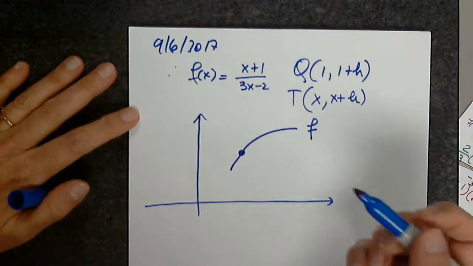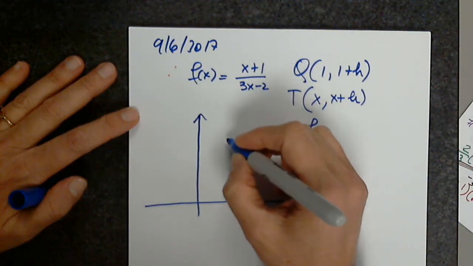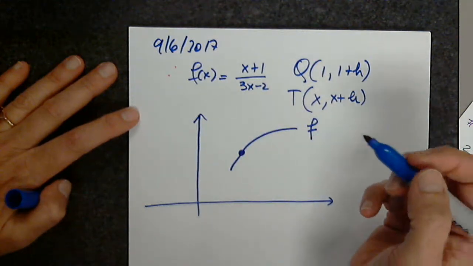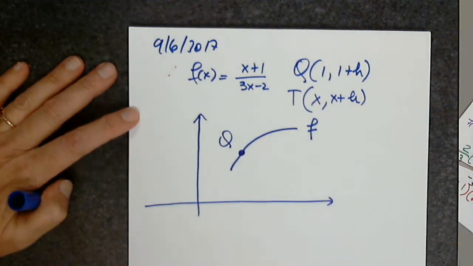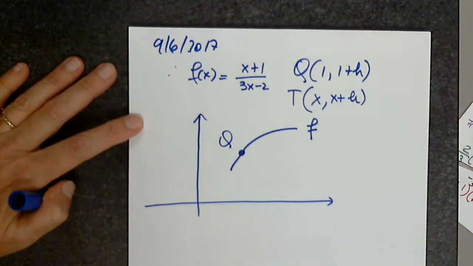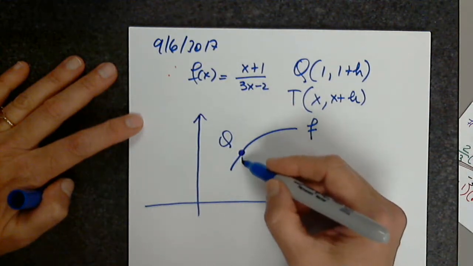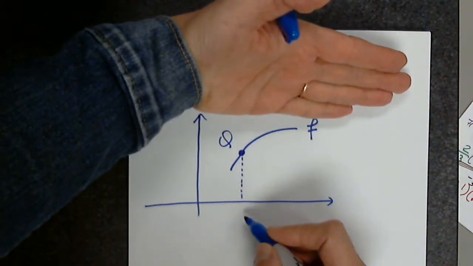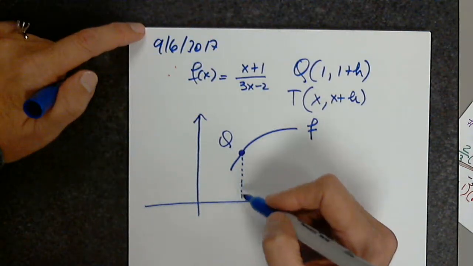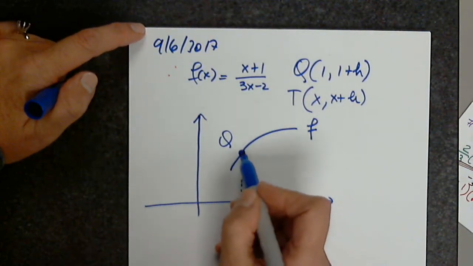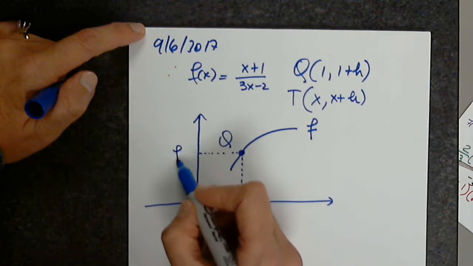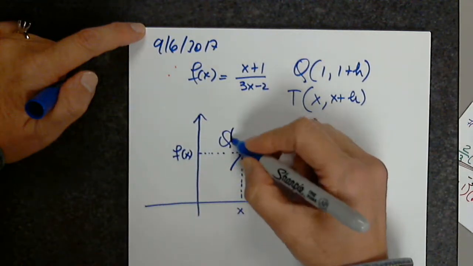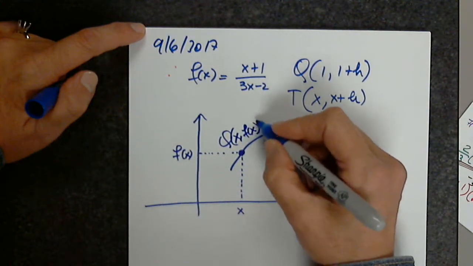So on this graph, let's say we have a point, which is a point Q. And this point has coordinates x and obviously f of x. So that's our Q, (x, f of x).